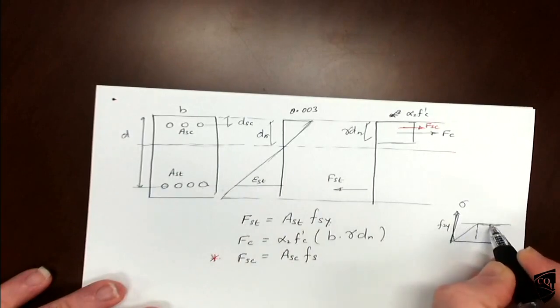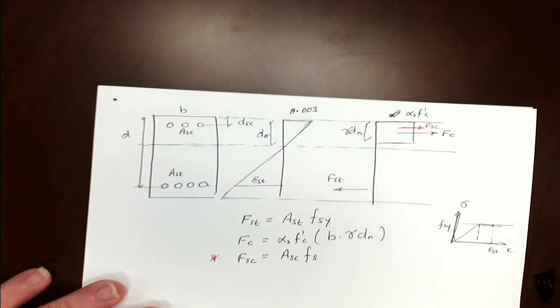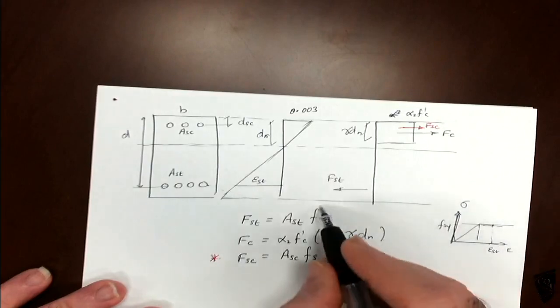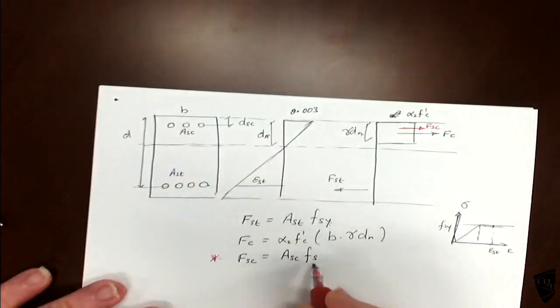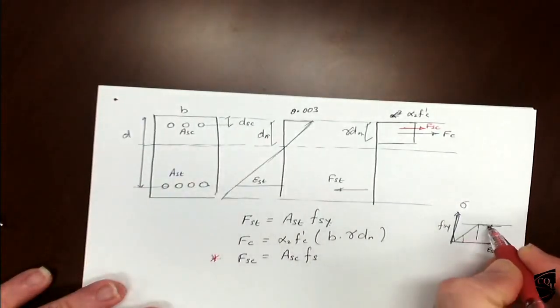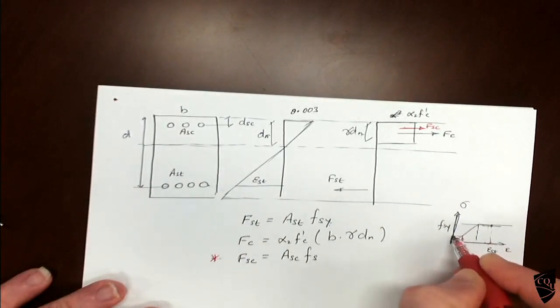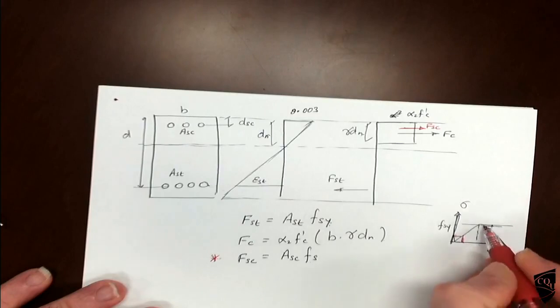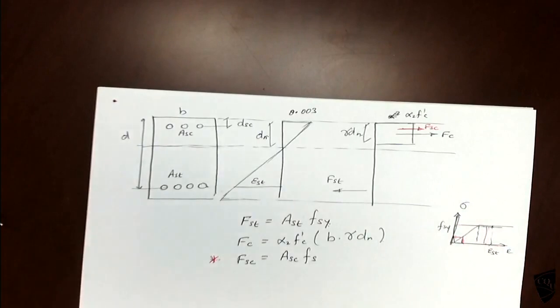If it is somewhere here, then stress is equal to Fsy. But for this one we don't know whether that is here or here. If the strain is here, then stress will be a little bit less. If the strain is here, then stress is Fsy. Is it clear? Or not?